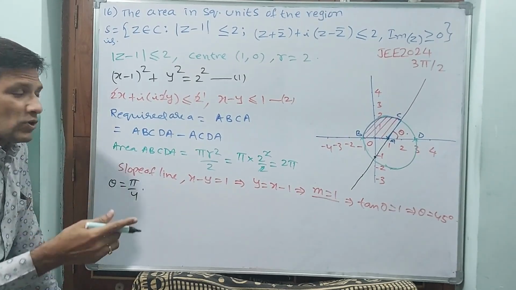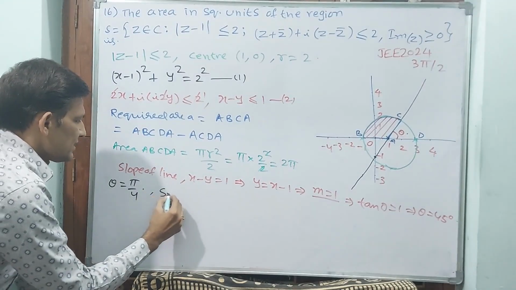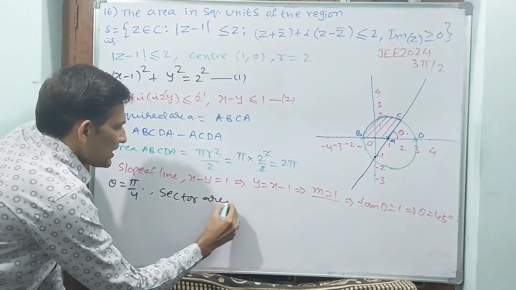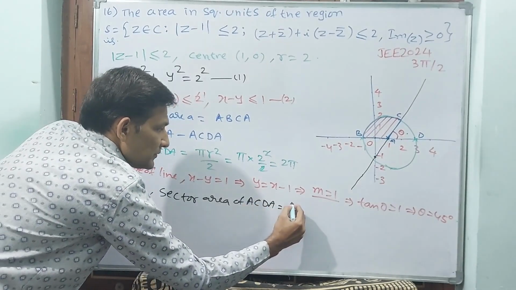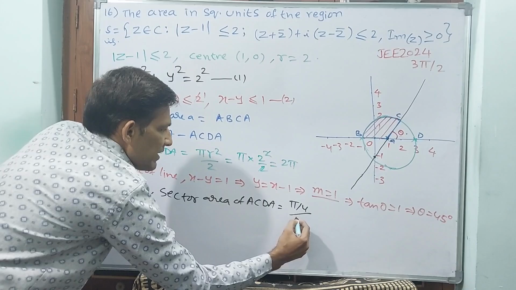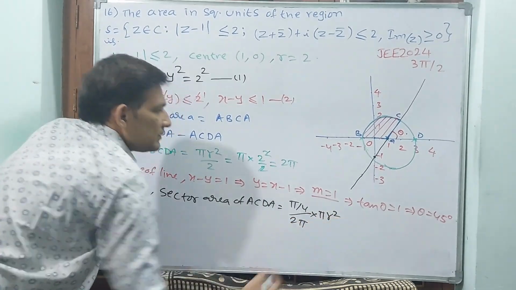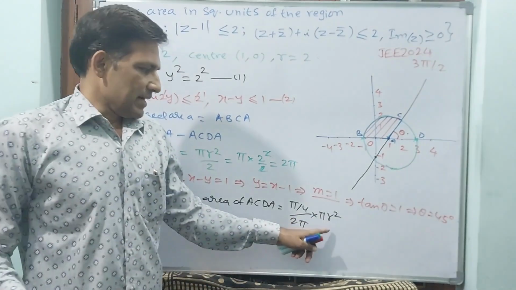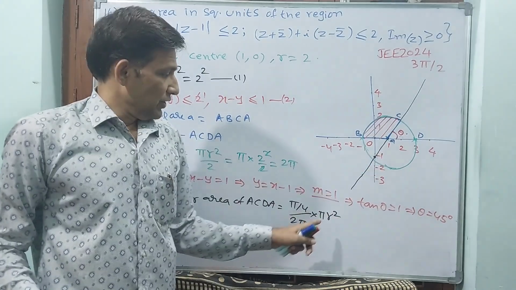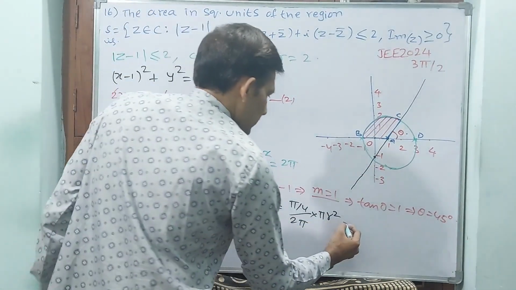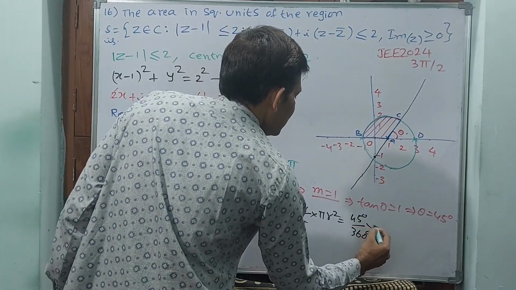Now if you know the radius and theta, then you can find any sector area. This is a sector. Sector area of ACDA is equal to, see, total pi by 4 divided by 2 pi into pi r square. Or else we can say 45 degrees by 360 degrees of the total area. That is equal to 45 degrees by 360 degrees into pi r square.